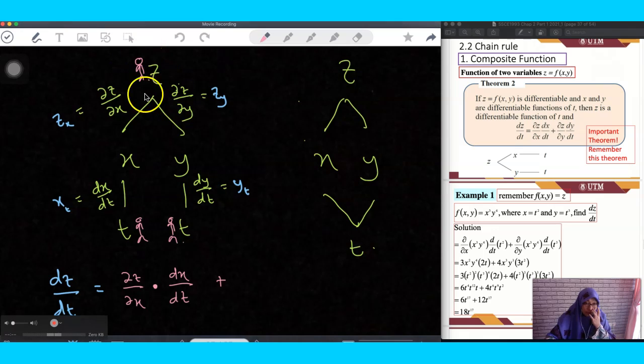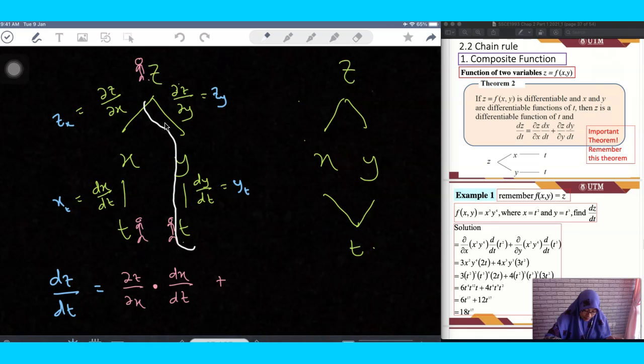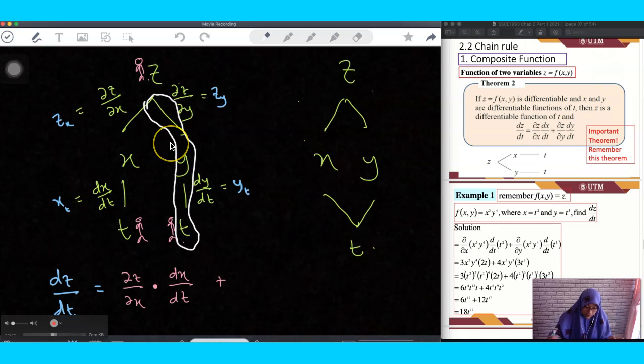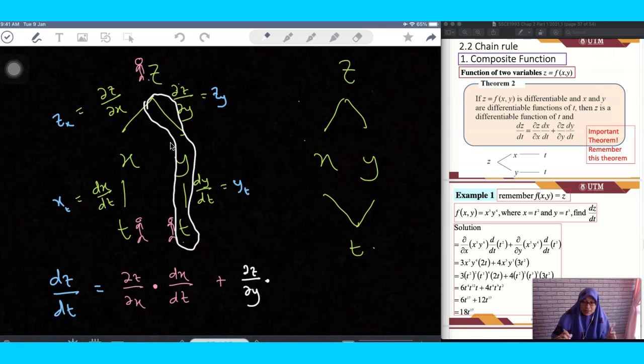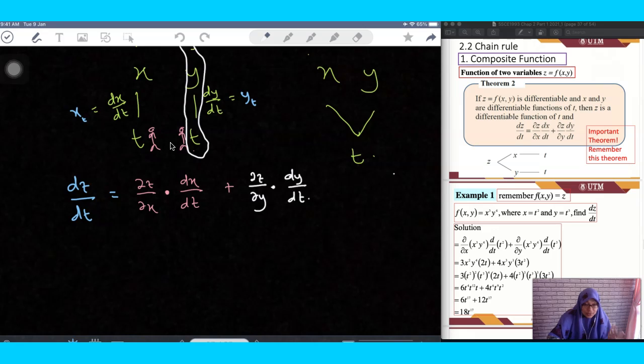So now we focus on this side. Z to Y, you have del Z over del Y. Because they are on the same path, we multiply. And then from Y to T, you have dy over dt. Okay, so then we are done. This is your chain rule.